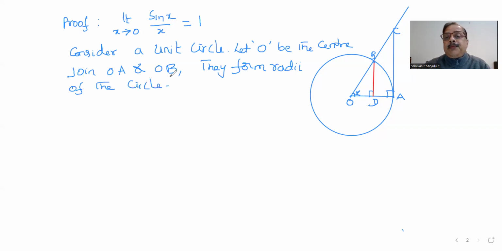So we have taken two points on the circumference, A and B, joined to O, so we got two radii, OA and OB. Let angle AOB be x radians. This is the angle now. You can put degrees or radians, but this derivation mainly works with radians. Even if I put theta degrees, I don't think any problem will arise, but x radians we will take, as per the textbook.